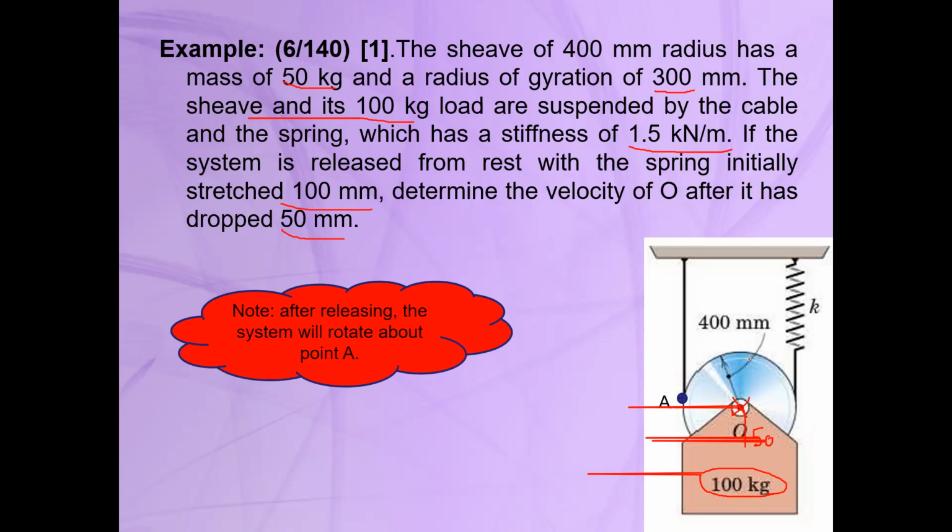If we assume that this system is released from this position with the initial stretch of 100 millimeter in the spring, we can assume that this system is rotating about this point A. Okay, so after releasing this system, it will rotate about point A like a pin connection, and it will have a pure rotational motion about this point A.